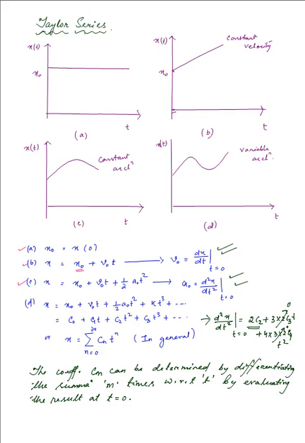What we get from that is Cm will therefore be equal to 1 over m factorial, the mth order derivative of x with respect to t at t is equal to 0. This is a way of writing it, but if you have any other kind of notation, then it's fine.